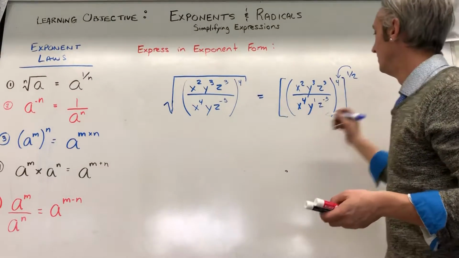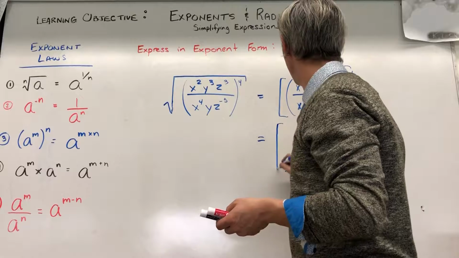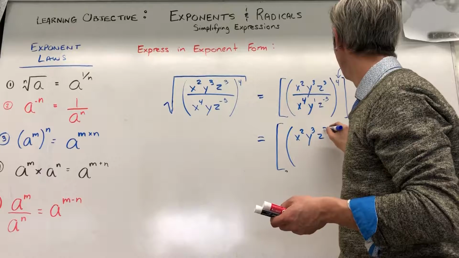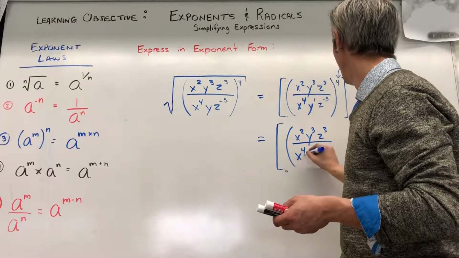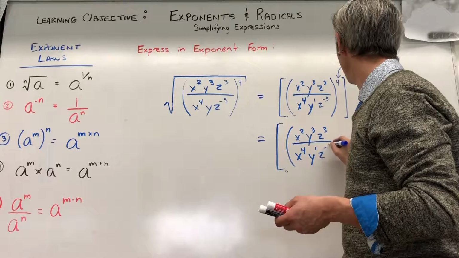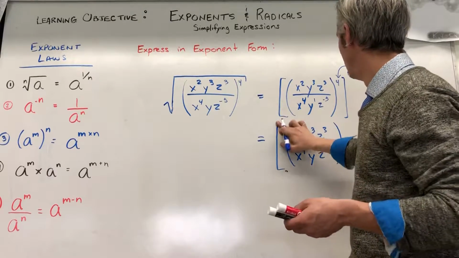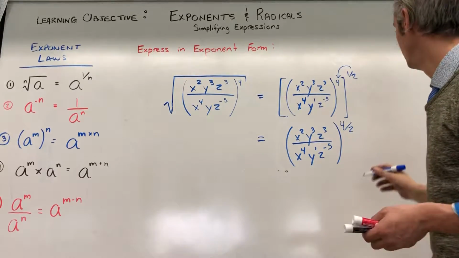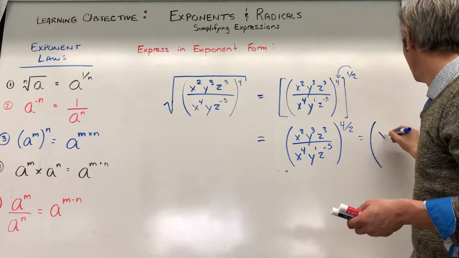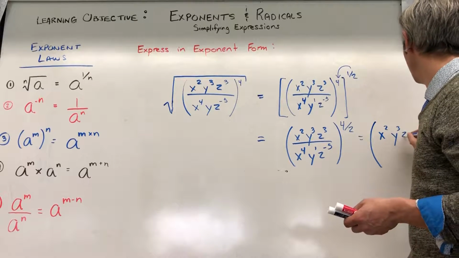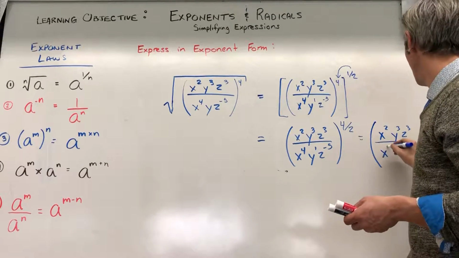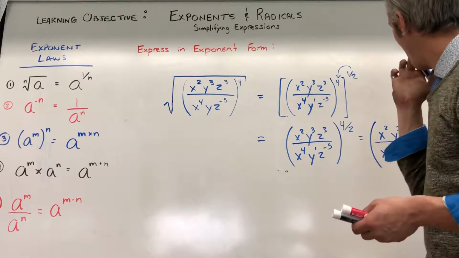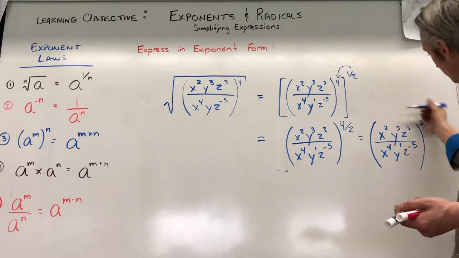So this becomes x squared, y cubed, z cubed over x to the 4, y to the 1, z to the negative 5, all to the power of 4 over 2. 4 times 1/2 is 4 over 2, which is the same as squared. Now I could distribute this too.